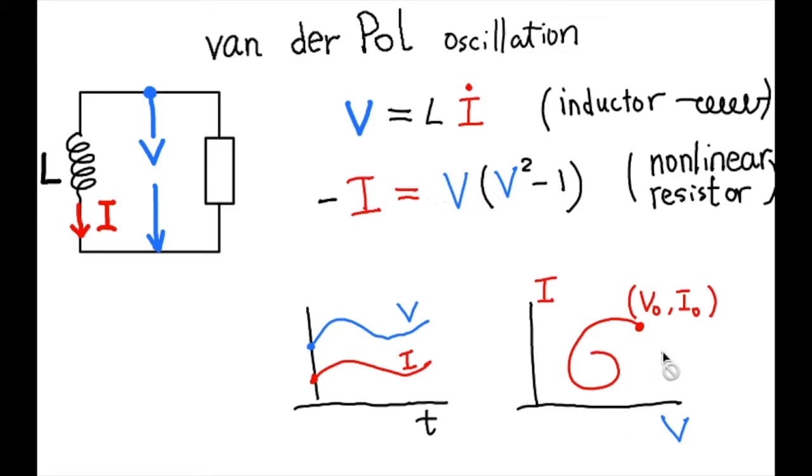The way this is graphed is that we start with an initial value of V0 and I0, and then we use the Euler method. From here we can see where the next point is after a small time interval, and then the next point after another small time interval.